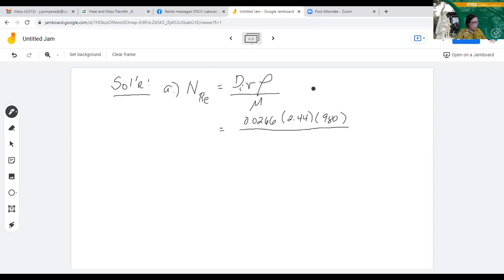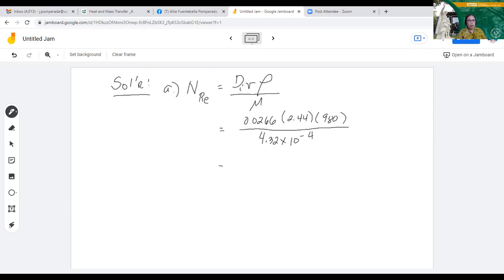So it's divided by the viscosity. The viscosity that I have shown to you a while ago, based on the 65.6 degrees Celsius temperature of water, is 4.32 times 10 raised to negative 4 Pascal second.